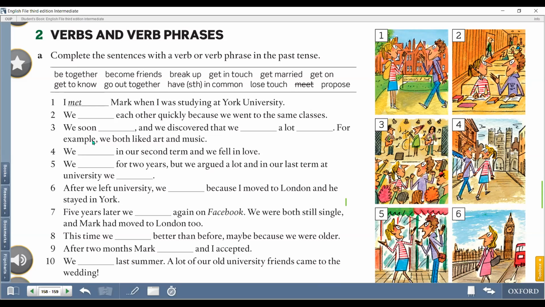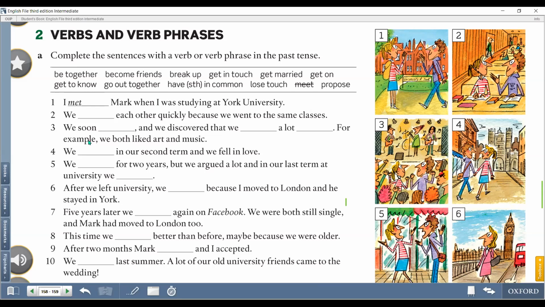We became friends each other quickly because we went to the same classes. Do you agree? No. Because there's this "each other", you can't become friends each other. Any suggestion?